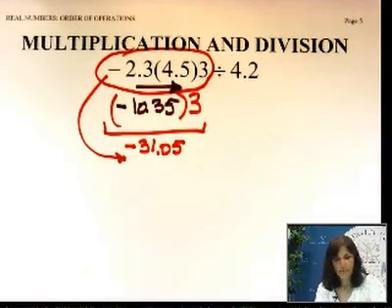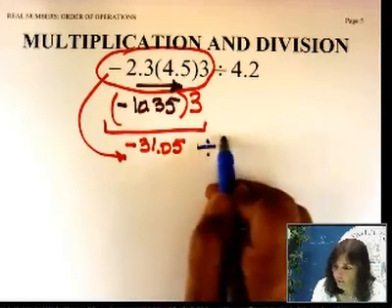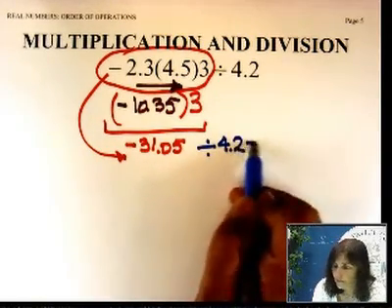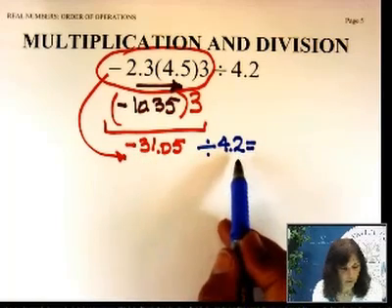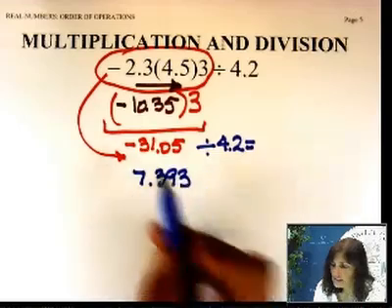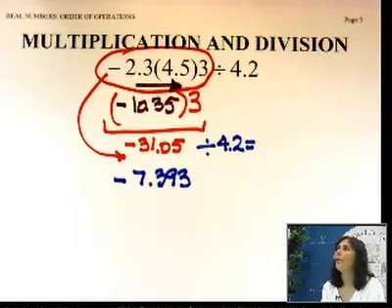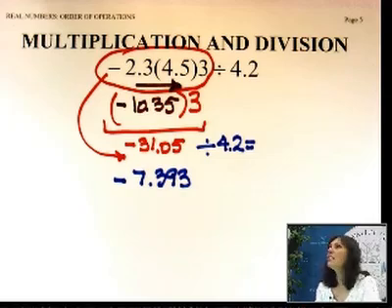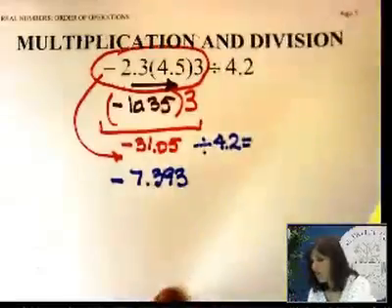Now I still have to divide this by 4.2. 31.05 divided by 4.2 gives me 7.393. But this is a negative and this is a positive, so I'm going to end up with a negative number. So write clearly so that you're okay, and do the multiplication and division, if there are a bunch of them together, left to right.